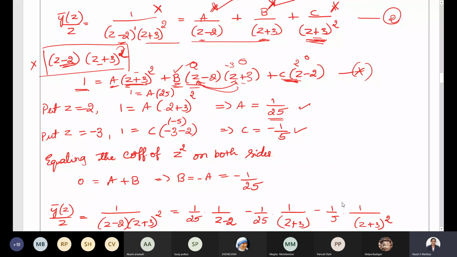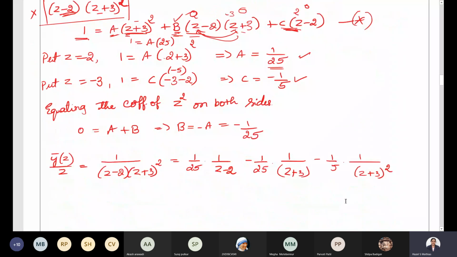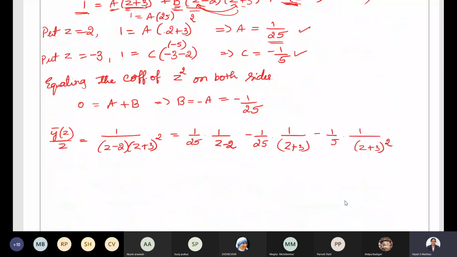Here in equation 2 you substitute what is A, what is B, what is C, and the denominator all remains the same. So this is Y bar of Z divided by Z. So what will be Y bar of Z? Multiply by Z on both sides.